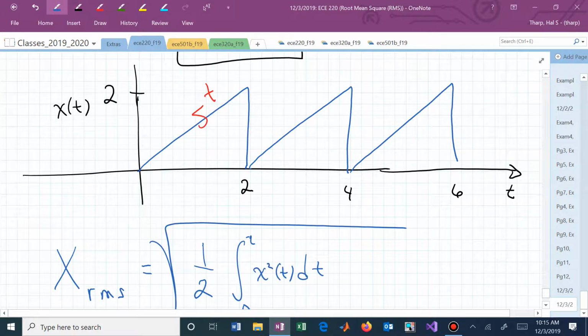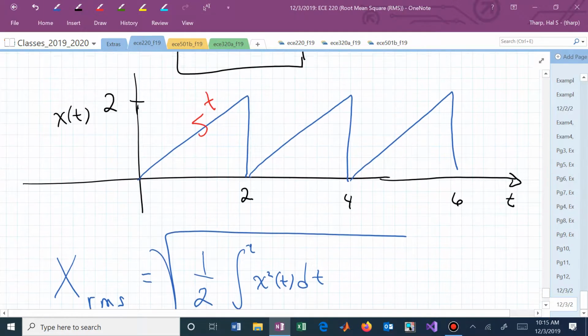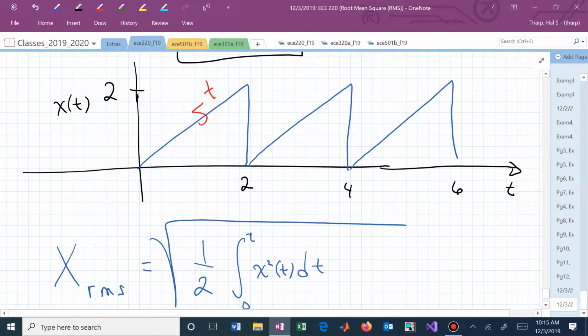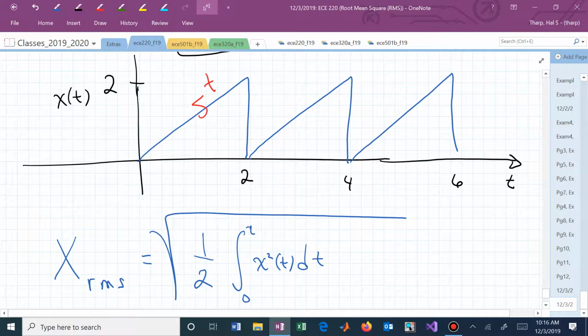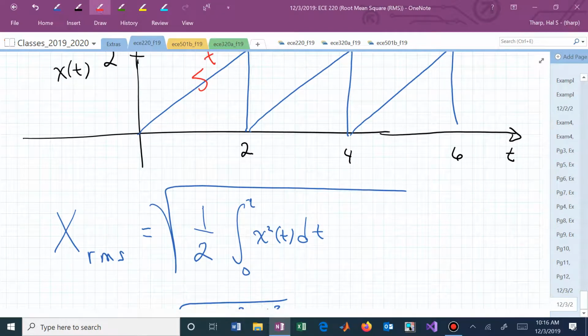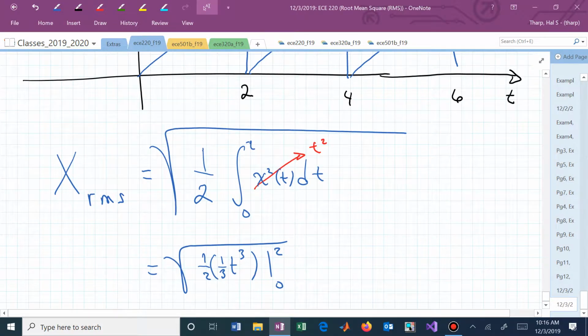Is that what the question is? But now x, or x of t, is just t. So I was immediately replacing that with its functional form and then squaring it. So that's where the x squared now was. I just didn't explicitly put it in there.